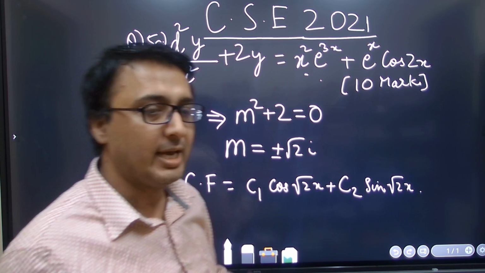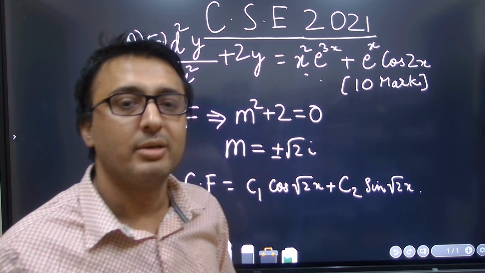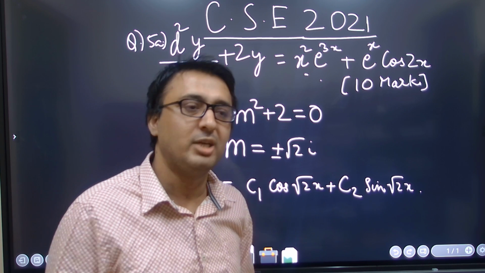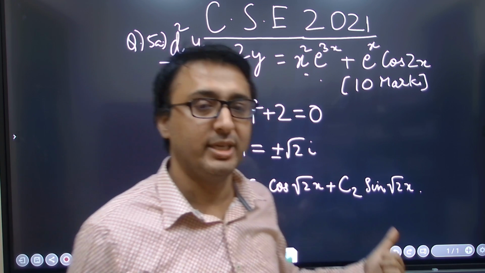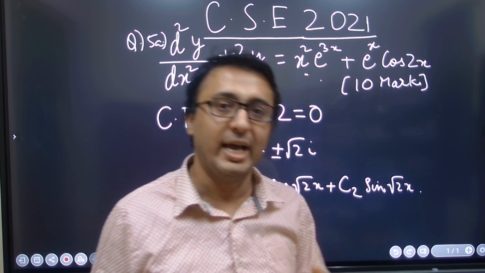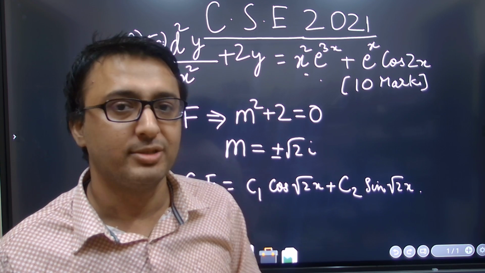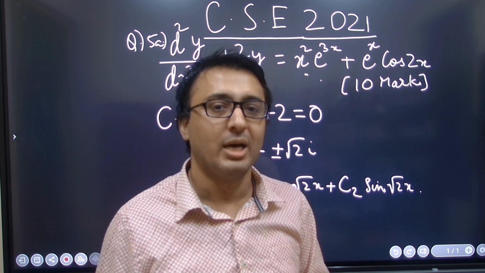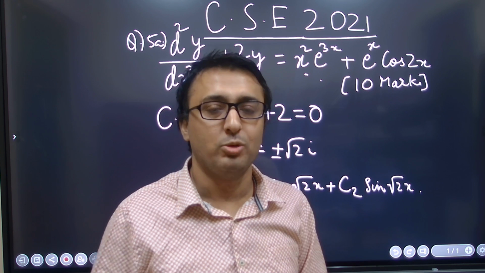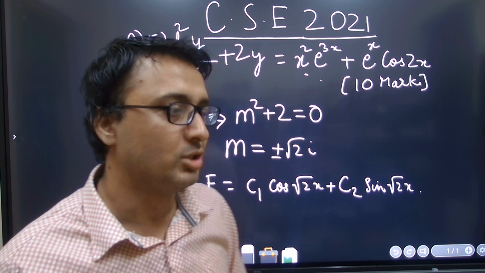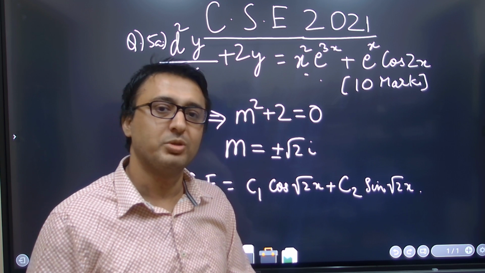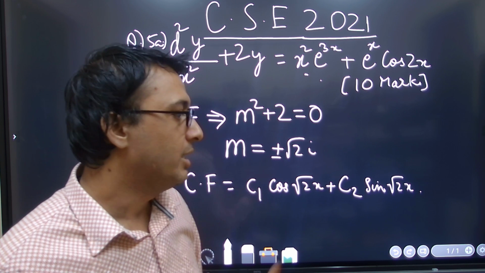So it has to do with the shifting property, and mind you, the shifting property we use in ordinary differential equations and the one we use in Laplace transform are poles apart. They are completely opposite to each other. That is what many students get confused about in the examination hall, and they make errors.